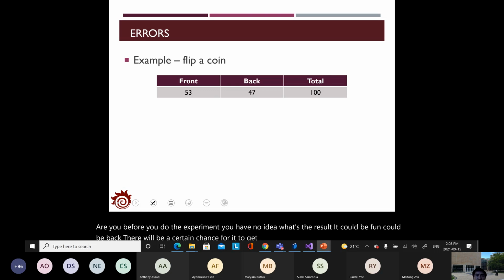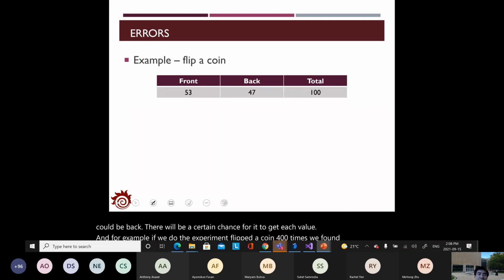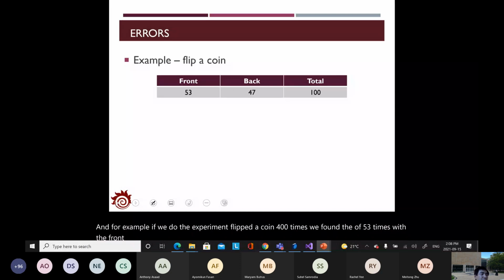For example, if we do the experiment and flip the coin 100 times, and we found 53 times with the front and 47 times with the back, then we can estimate the probability of the front based on this experiment.